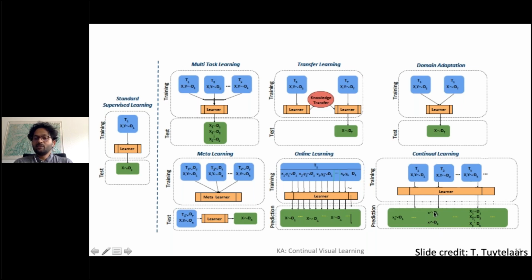So you essentially want to be able to solve all the tasks that you have seen so far. Okay, and so on. So in the generic case, you have k tasks, and when you're trying to evaluate the learner model at time instant k, you can get data corresponding to any of the previous tasks, 1 through k, and you want to be able to accurately recognize all of these.